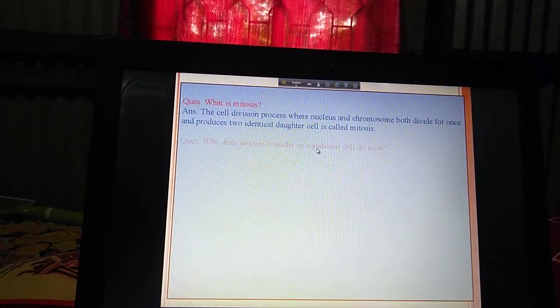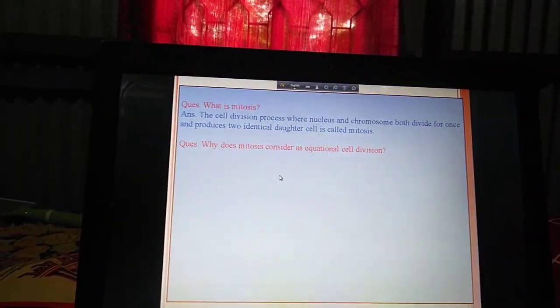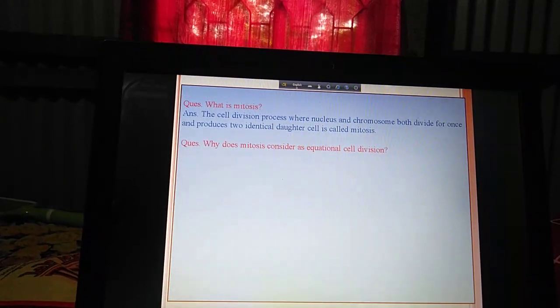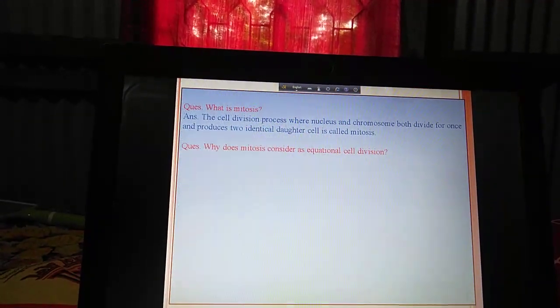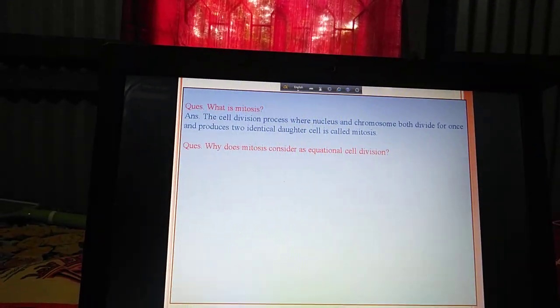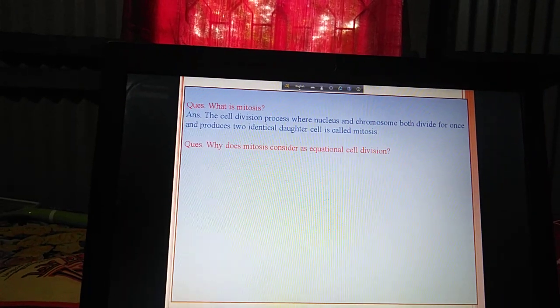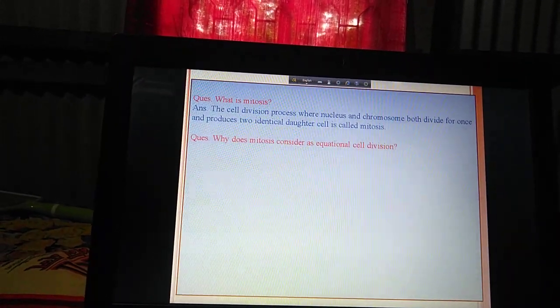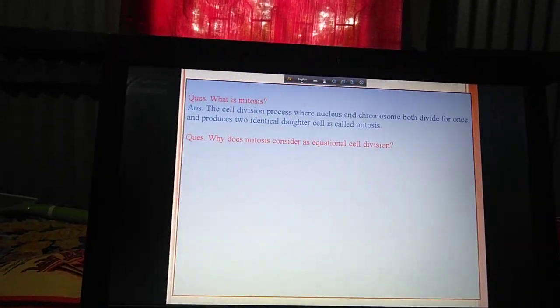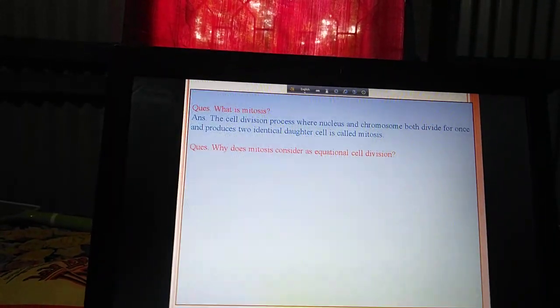Question number 2, why is mitosis considered an equational cell division? From our previous discussion, I think you have understood that when mitotic cell division occurs, the newly formed daughter cells contain the same number of chromosomes as the mother cell.